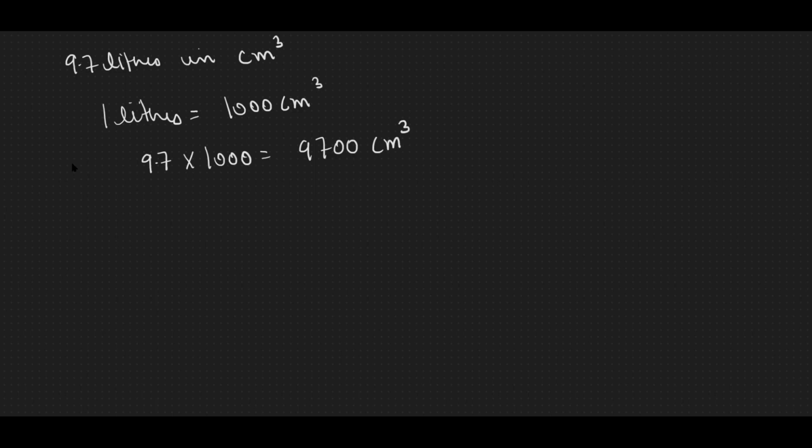Example 16. Capacity of a tank is 180 kiloliters. So capacity, or this is also called volume, 180 kiloliters, that means 180, and K stands for 1000.